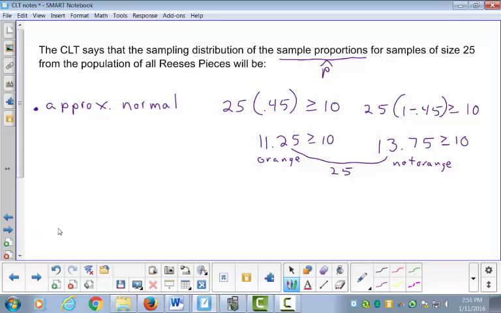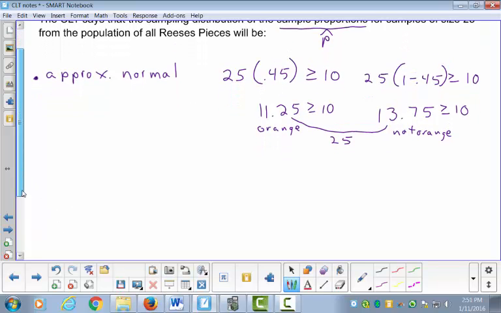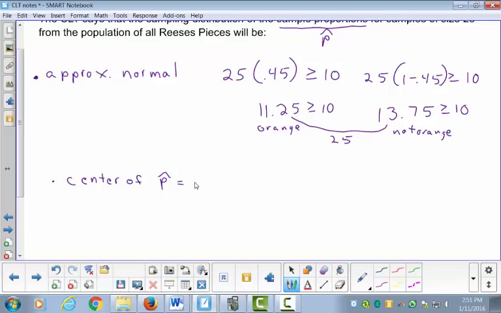So basically, you just told me n is big enough, right? The center of all those possible samples, even though they vary, so the center of all the p-hats, or better yet, the mean of all the p-hats, is equal to 0.45.